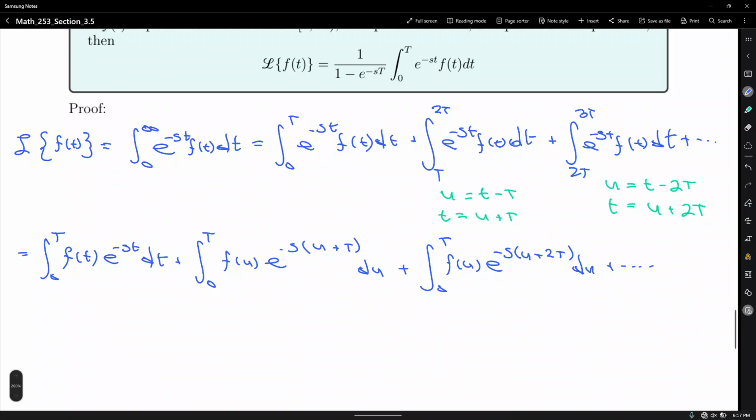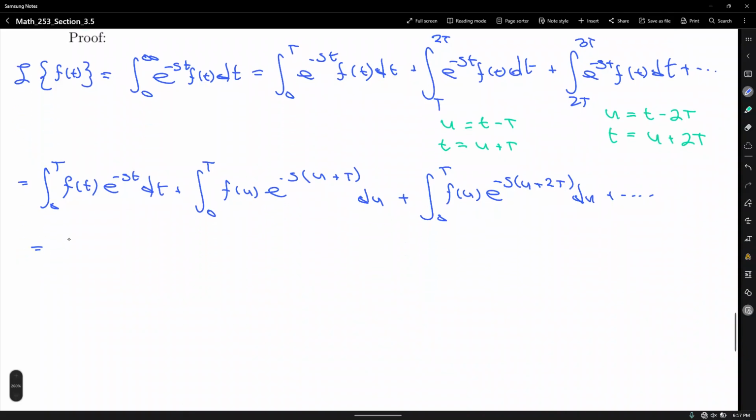So time to do some magic here. The first integral, 0 to T, f of t, e to the negative st dt, plus the integral from 0 to T, f of u, e to the negative su, e to the negative sT, du.